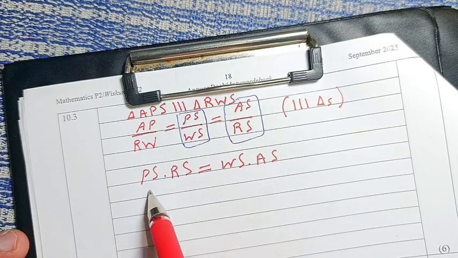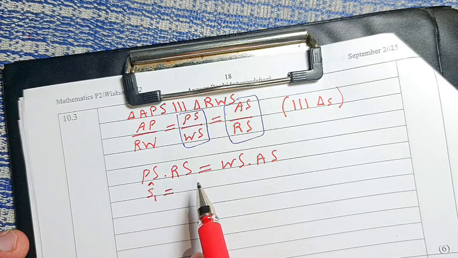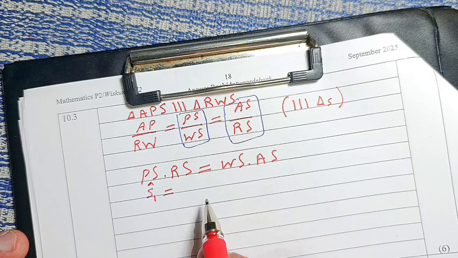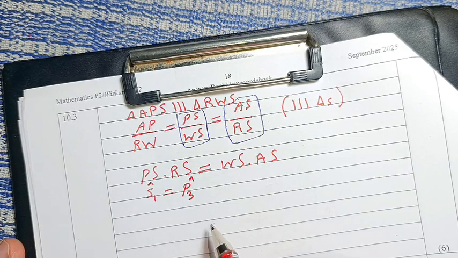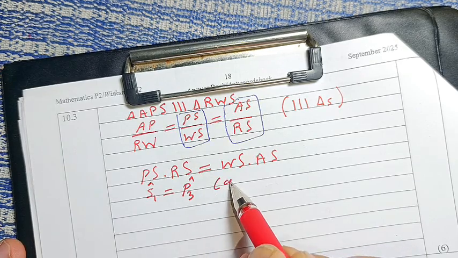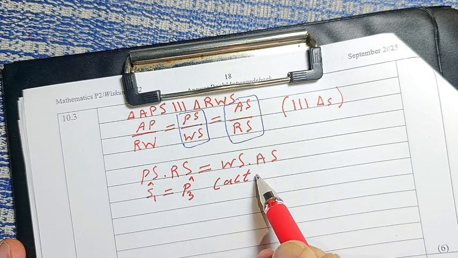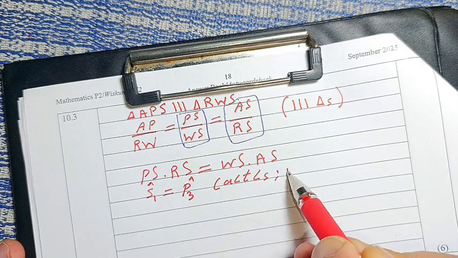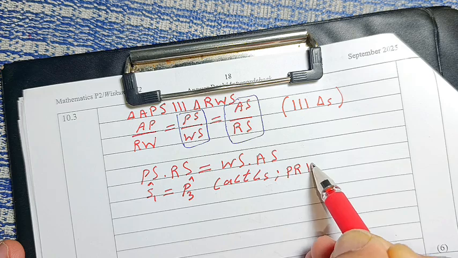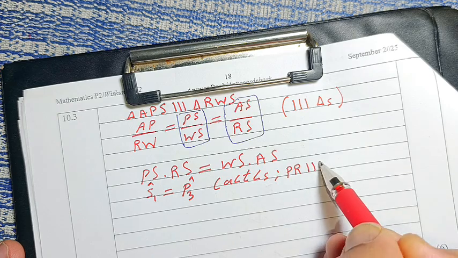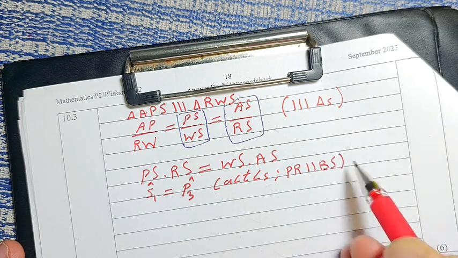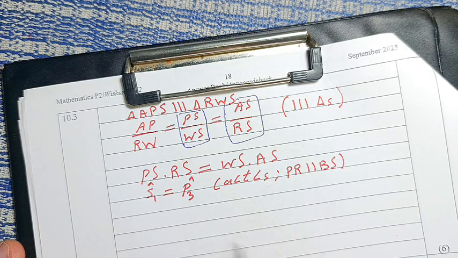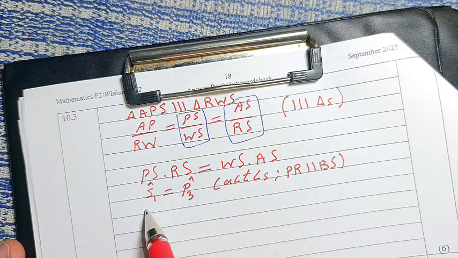So angle S1 is going to be equal to angle P3, alternate angles, because P is parallel to BS, right? And angle S1 is going to be equal to R2 as well.